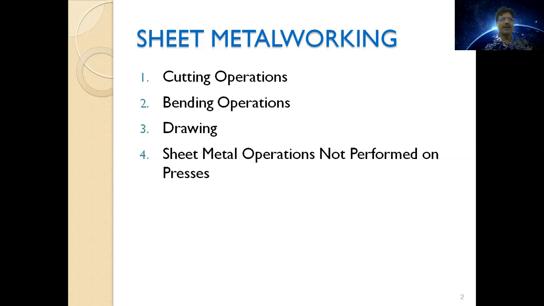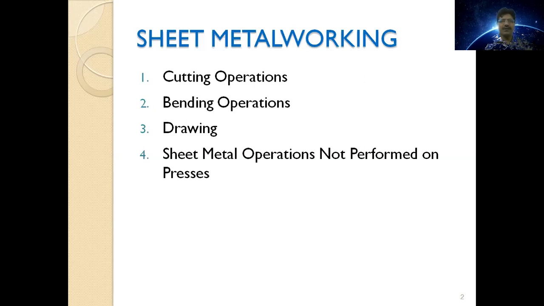Normally, sheets of 6 feet by 4 feet are available in the market for HRC, CRC and aluminum. 7 by 3 and 6 by 3 are also available, but 6 by 4 is most common. We have to cut this sheet into small parts so that we can make components.